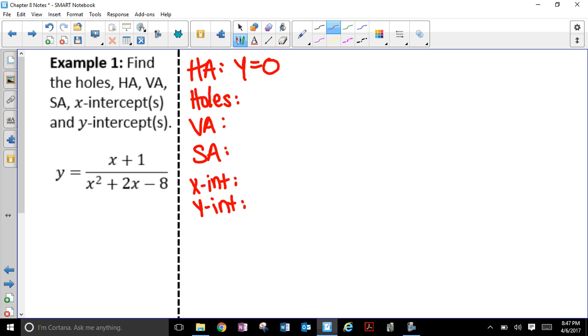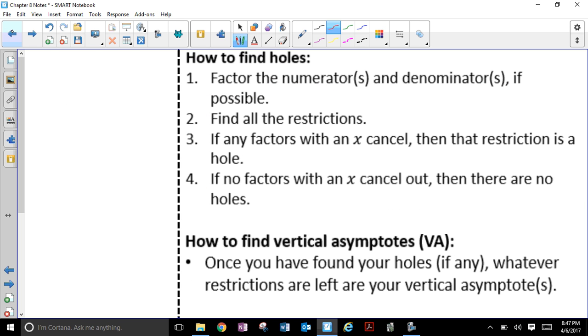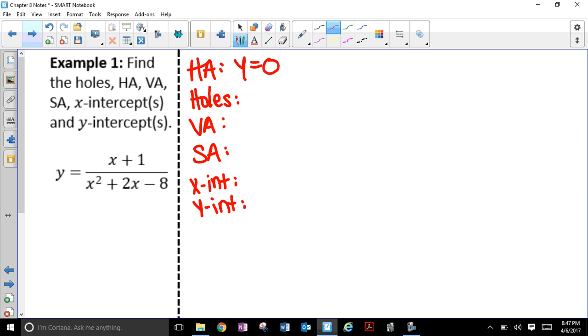Okay, now to find holes, we factor the numerator and denominators if possible and find all the restrictions. That's the first and second step. So I can't factor the top, but the bottom we can factor as x+4 and x-2.